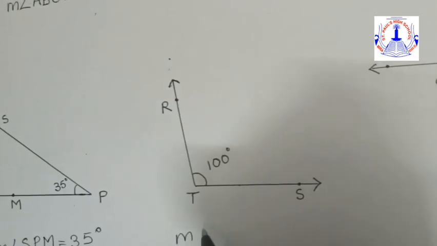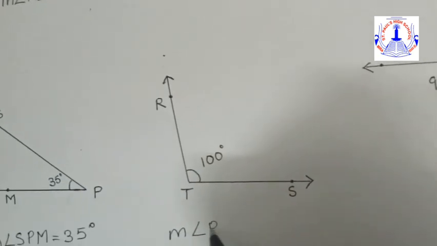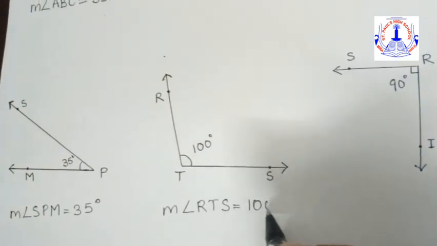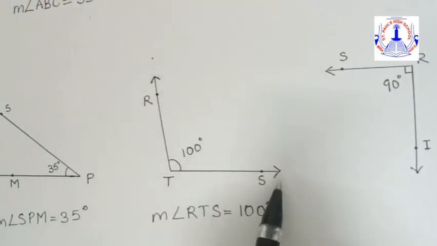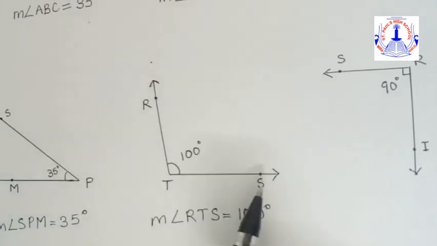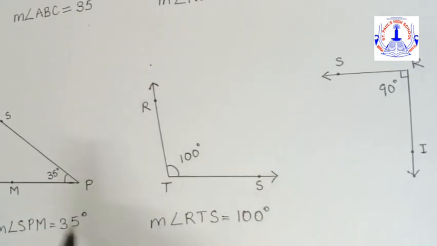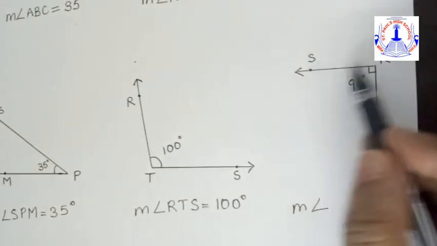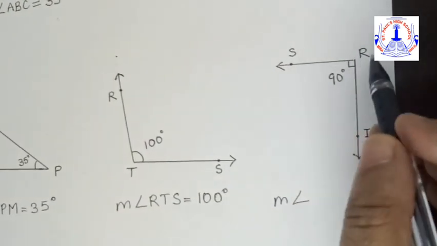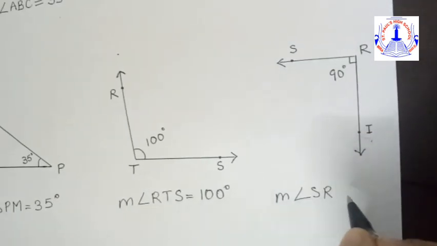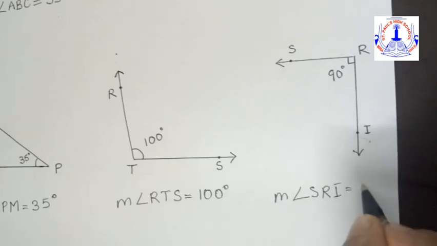And measure of angle RTS is equal to 100 degree. RTS or STR. Always try to write the name according to the alphabetic order. RTS like this way. Here the measure of angle SRI or IRS is 90 degree. SRI is equal to 90 degree.